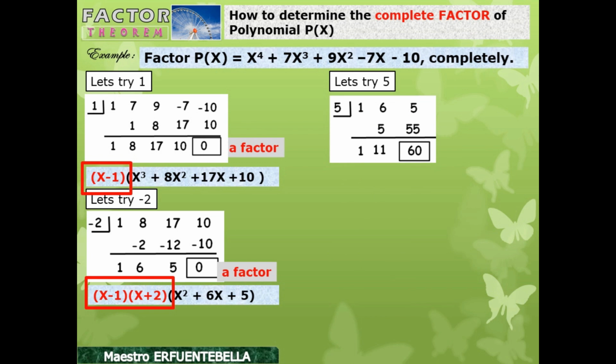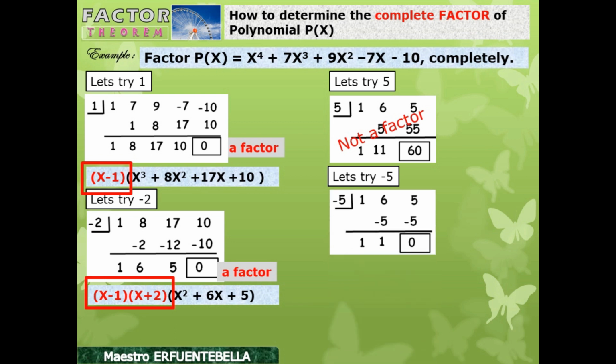Copy the numerical coefficients of the remaining factor: 1, 6, 5, and our r is 5. Bring down 1, 5 times 1 is 5, 6 plus 5 is 11, 5 times 11 is 55. The remainder is 60, not equal to 0, so it is not a factor. Let's try another: negative 5.